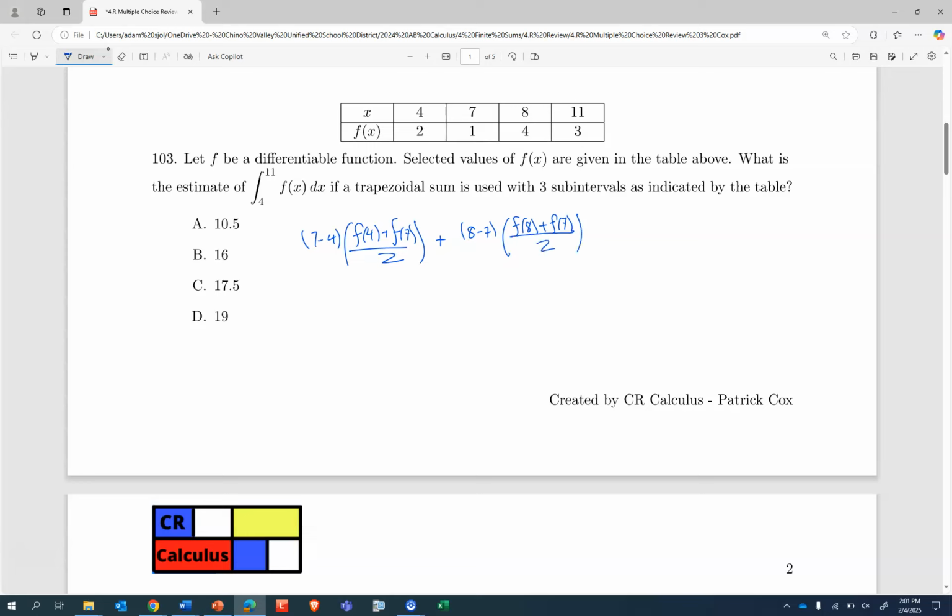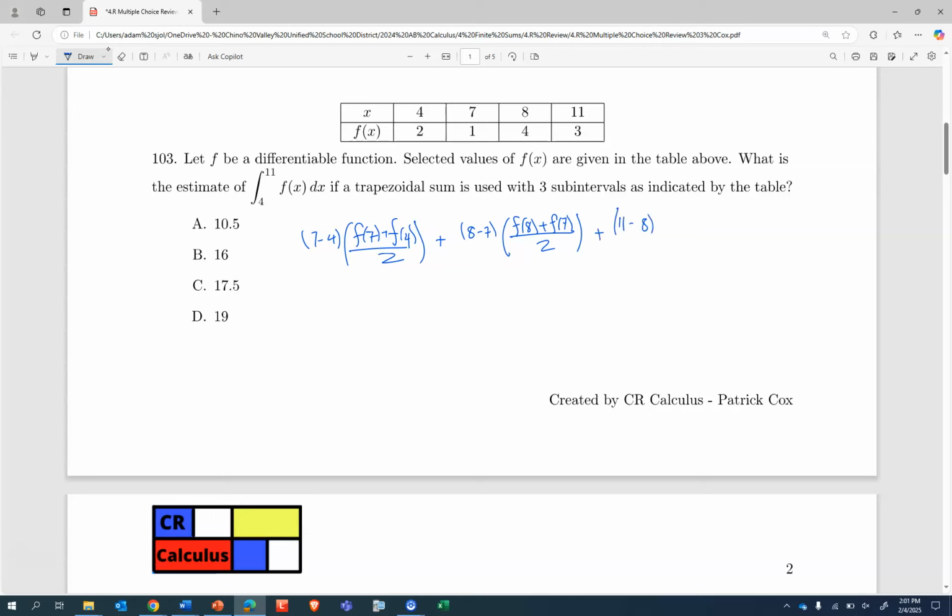I'm going to go back and change this first one. I like to have them nice and in order. Okay, and plus 11 minus 8 times f of 11 plus f of 8 all over 2.